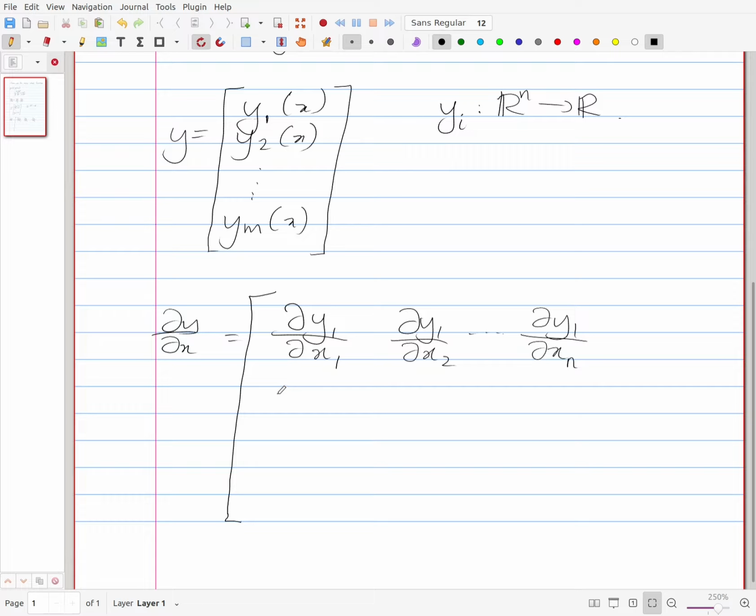And in the next row, we're going to do exactly the same thing with y2. So we're going to put partial of y2 with respect to x1, partial of y2 with respect to x2, and so on, so partial of y2 with respect to xn.